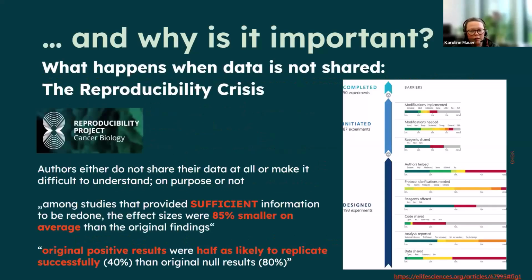What happens when data is not shared can be seen in the reproducibility crisis. And here I brought a paper from the Reproducibility Project Cancer Biology, which was published in 2021. And they tried to replicate 193 experiments from highly cited papers in cancer biology that were published between 2010 and 2012.